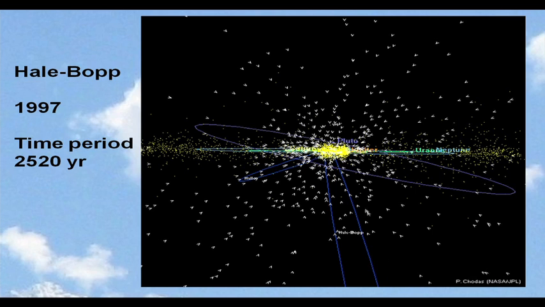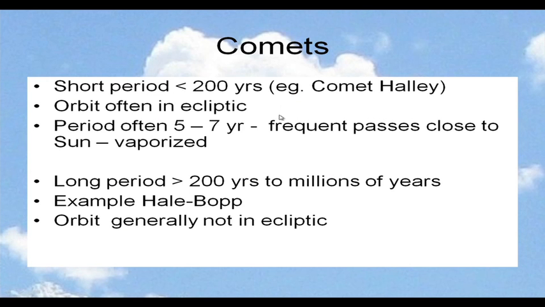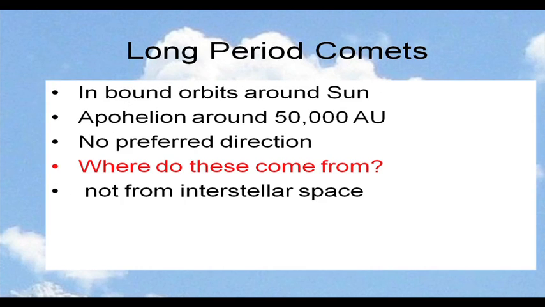This is Hale-Bopp, and you see it is practically orthogonal to the plane of the ecliptic. So, we see that there are two kinds of comets, the short period comets and the long period comets. Now, let us ask the question, where do these comets come from?